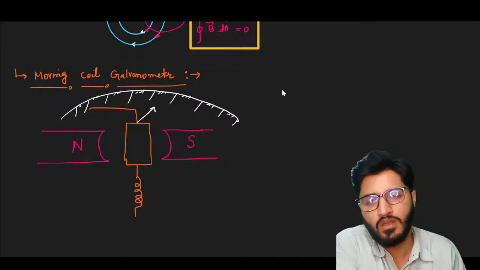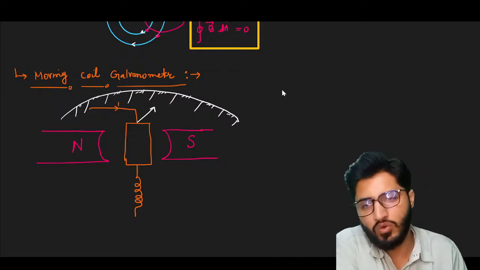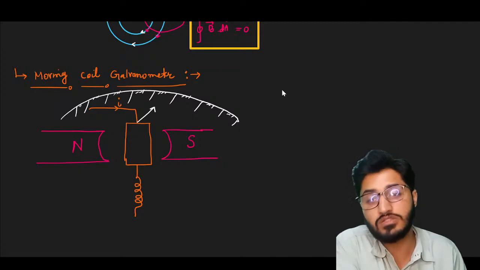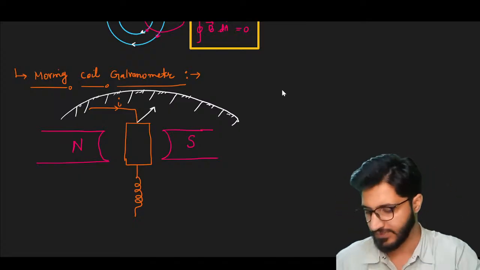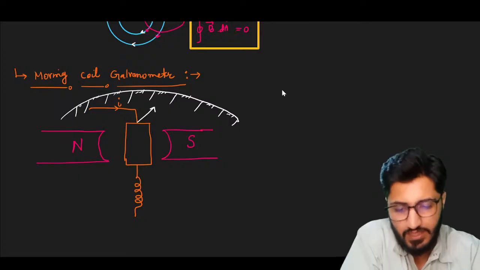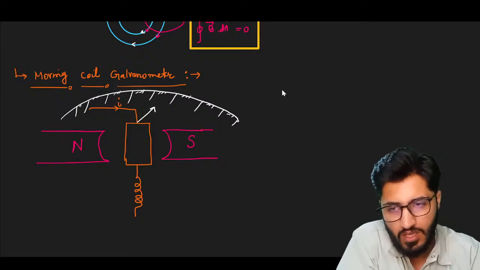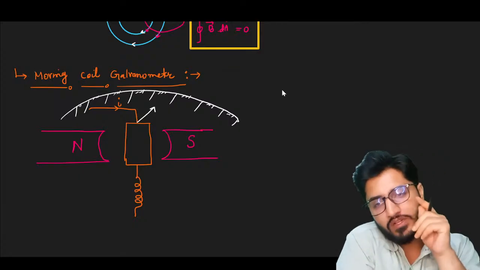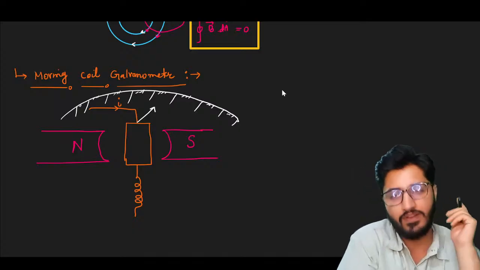Let's suppose current I flows through this kind of loop placed in a magnetic field. If current I is flowing through any loop, what will happen then?